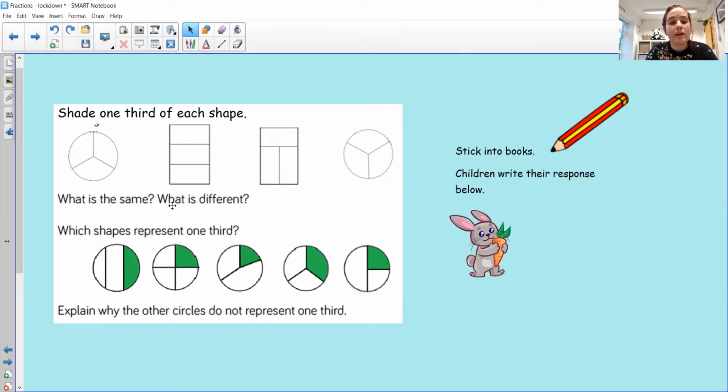What is the same and what is different? You can talk about that with your grown-ups at home between the shapes. And then it says which shapes represent 1/3. So you can tick or circle the shapes that are correct and represent 1/3. And then at the bottom, it says explain why the other circles do not represent 1/3. So you need to be talking about unequal and equal parts again.